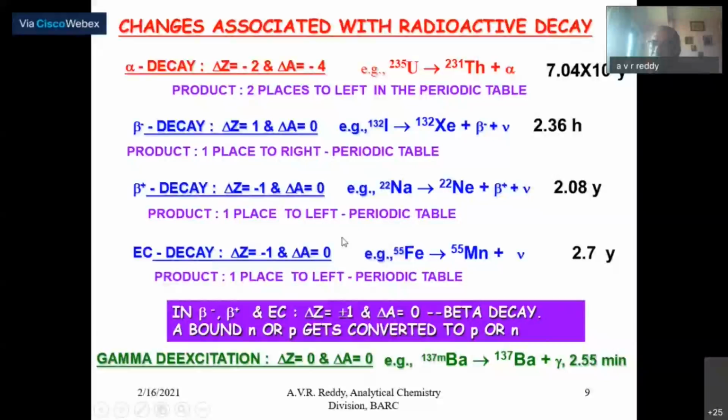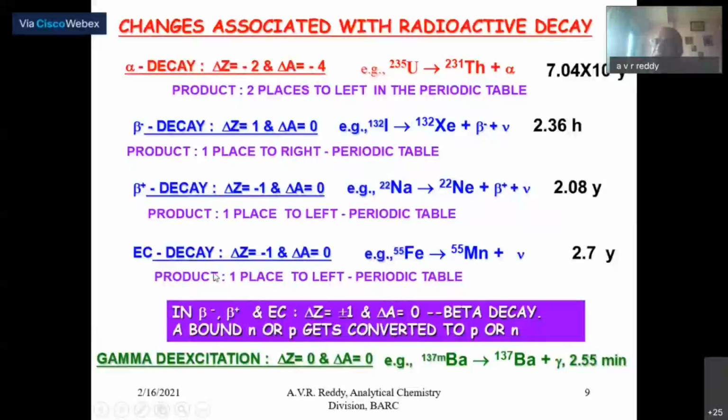It has confused everybody, which I will explain. Understanding the conservation laws has troubled people, and I will explain that. Since delta Z is ±1 and there is no mass change, these three processes are together called simply beta decay.